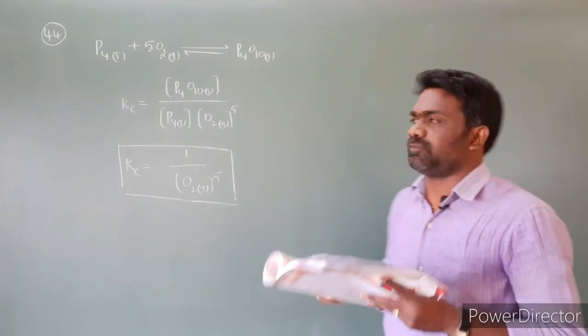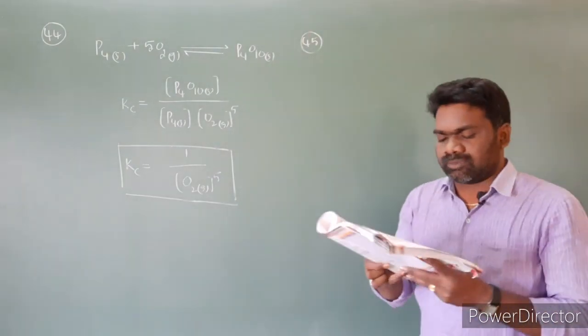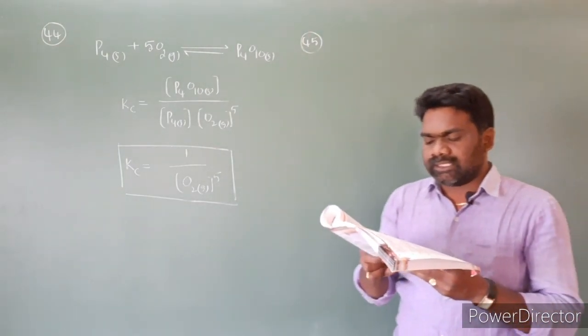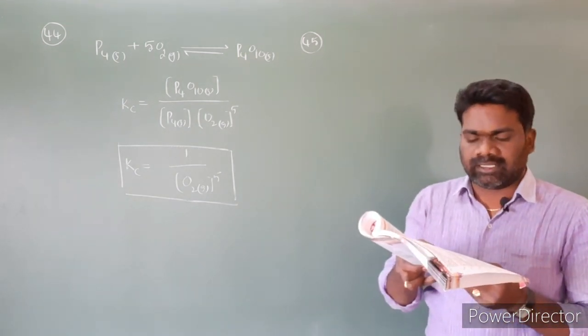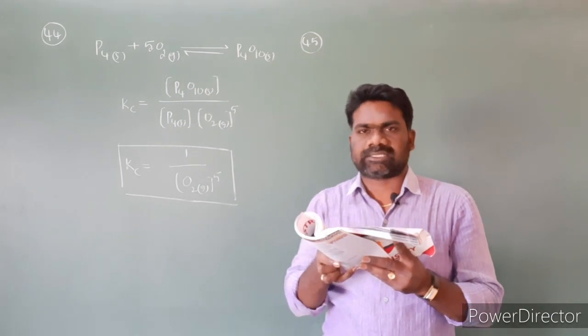Next question number 45. Look at the question number 45. The equilibrium constant Kp for the reaction NH4HS gives rise to NH3 plus H2S is.